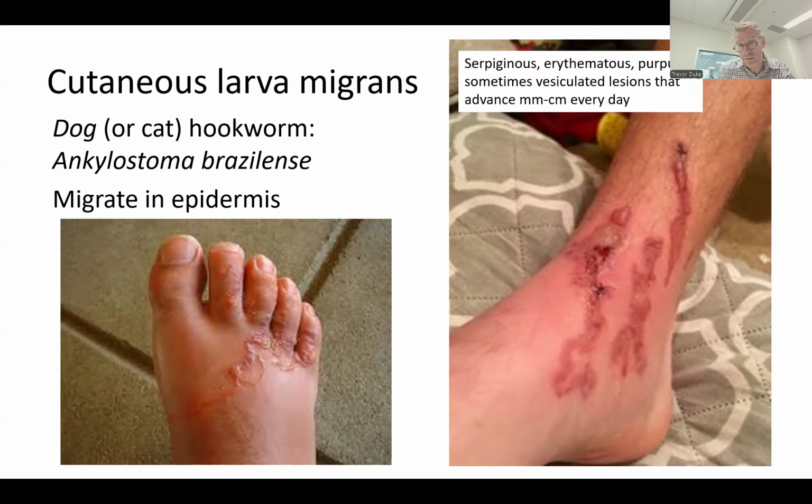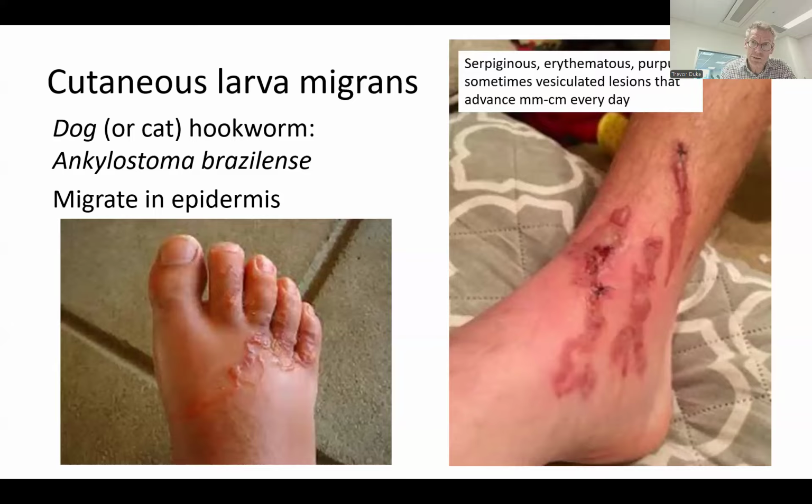migrates through the epidermis, and it usually moves by only about a millimeter or so every day, but over time you can see the rash extending. Sometimes it vesiculates, like you can see in this picture. You can see a sort of vesicle occurring, and then that may break down.